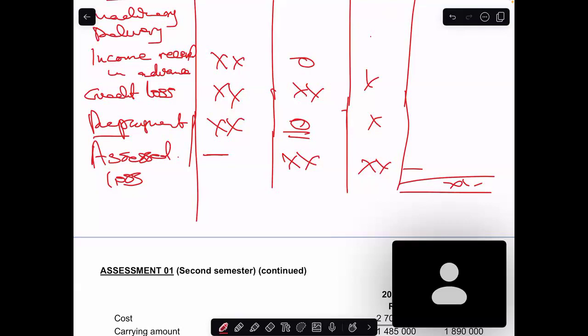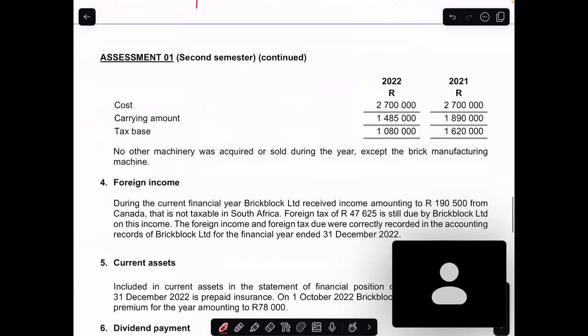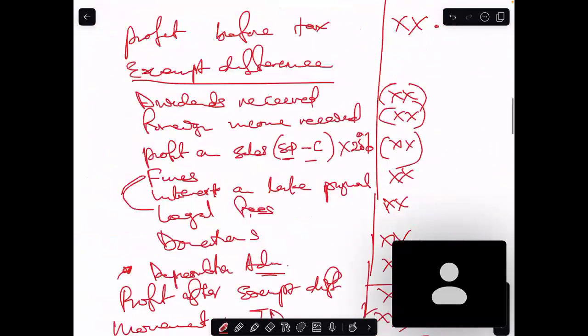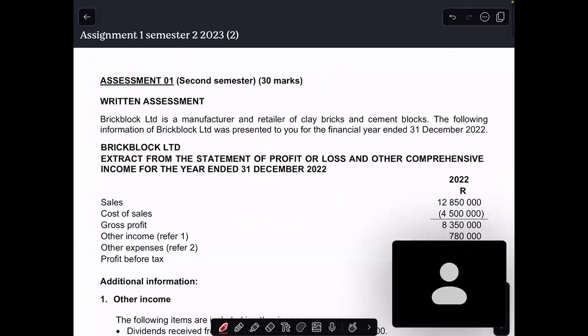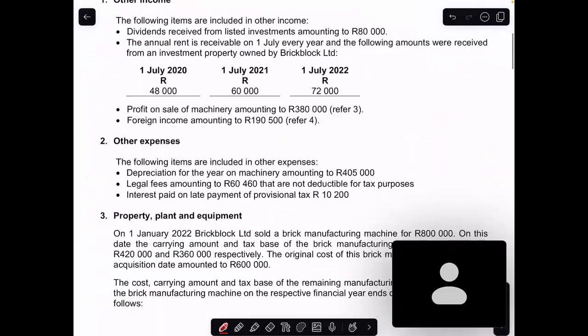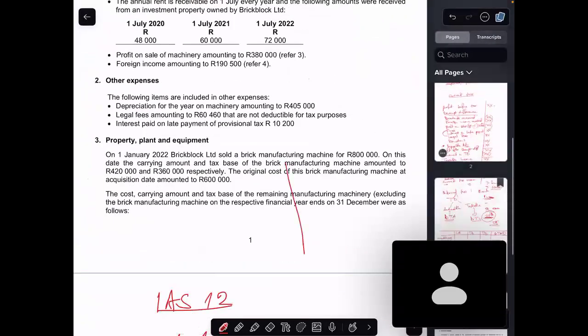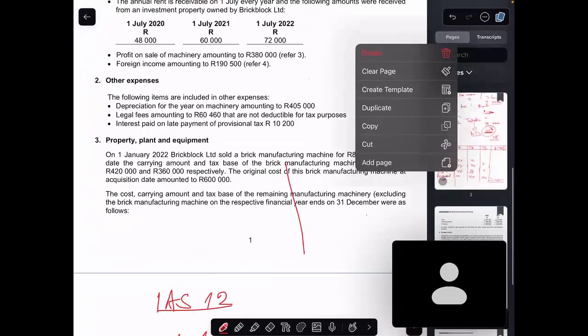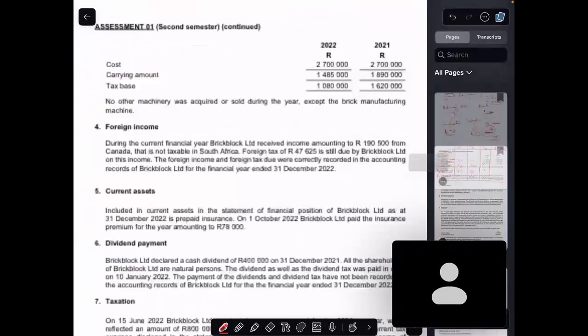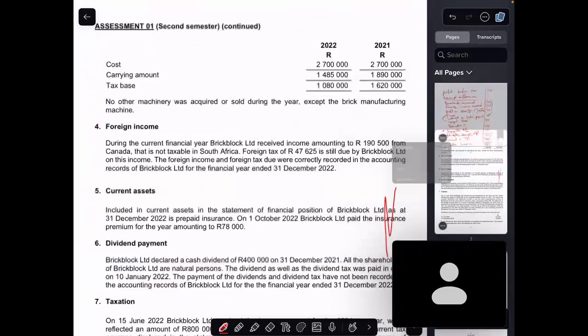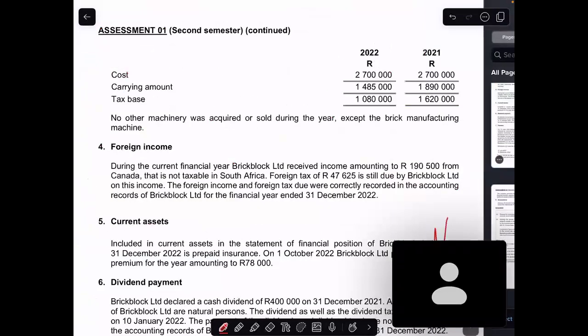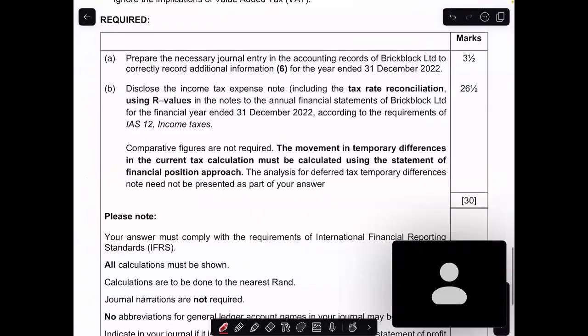Taxable income. So what I want us to do today is to do a question. This question is last year's assignment for FAC 3701. Right, let's do this assignment together so that you'll be able to try questions on your own. Right, let's go to the required.